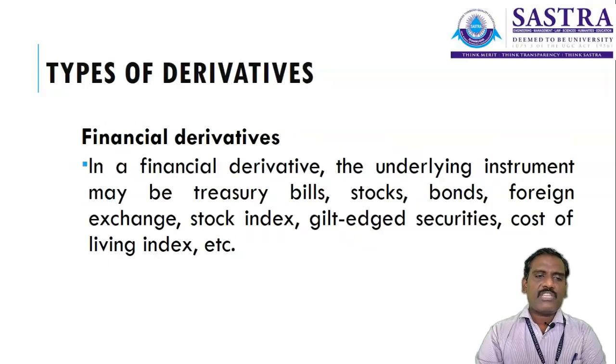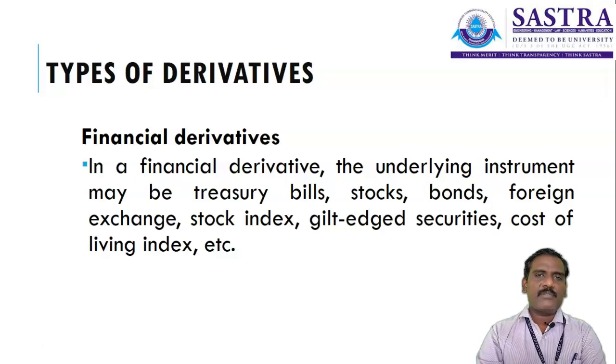Here we are going to look at the financial derivatives. In financial derivatives, the underlying instrument may be treasury bills, stocks, bonds, foreign exchange, stock index, gilt-edged securities, cost of living index, and other related instruments.